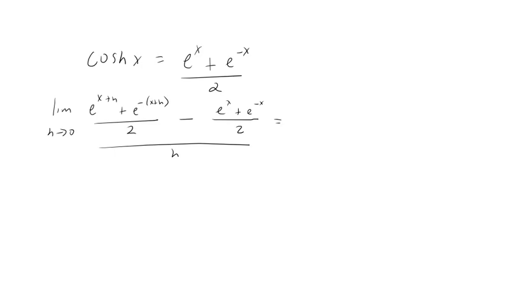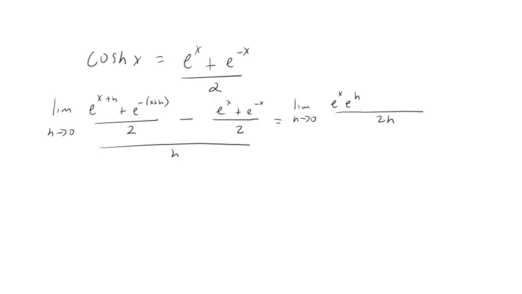So let's combine things first. Let's combine what's in the numerator. So first we're going to do limit as h approaches 0, and we're going to split up the top. So it's going to be e to the x, e to the h, over 2h, because when you have the same denominator, it's going to be 2.